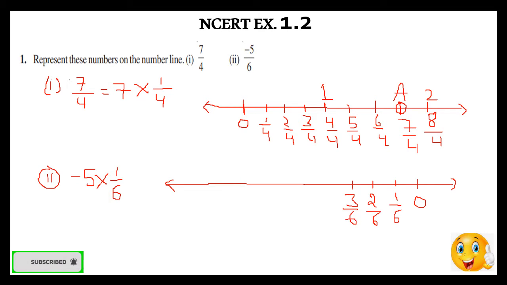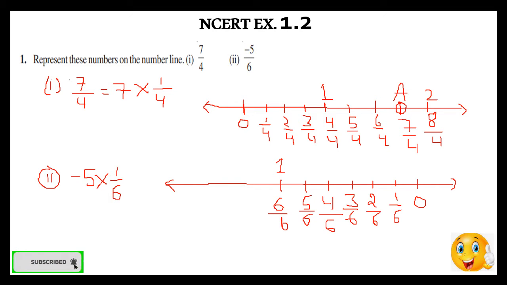Fourth part 4 by 6, then 5 by 6, next we have 6 by 6. So this 6 by 6 is 1 on the number line, and this 1 is represented by 6 upon 6. So here we have the 6 equal parts of 1 unit, 0 to 1.